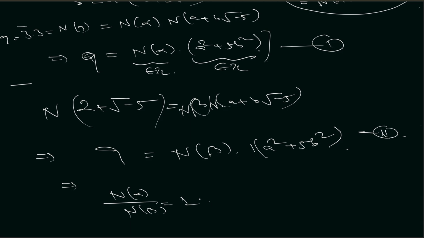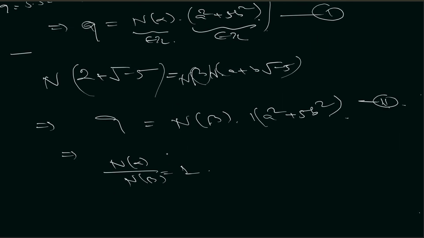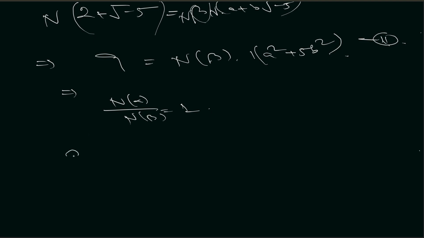So what is norm of alpha? You have something like 9 equals norm of alpha times a square plus 5b square, right?